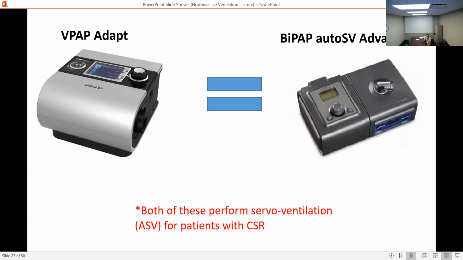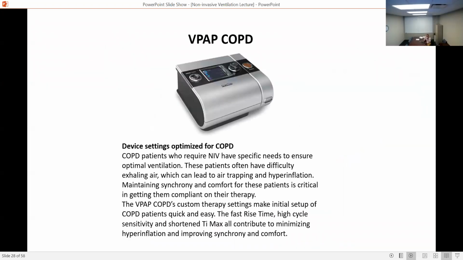Next slide. There is a VPAP that is specifically programmed for COPD. These patients obviously have some prolonged exhalation, air trapping, and hypoventilation.